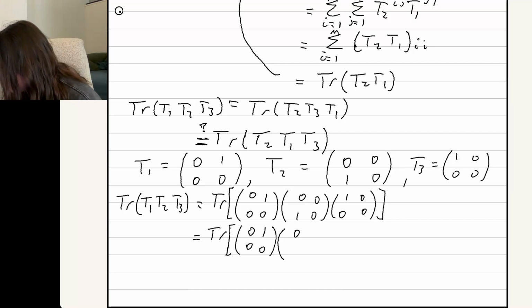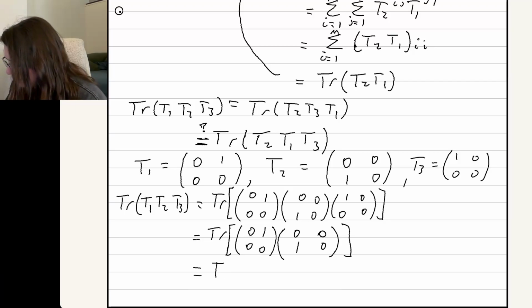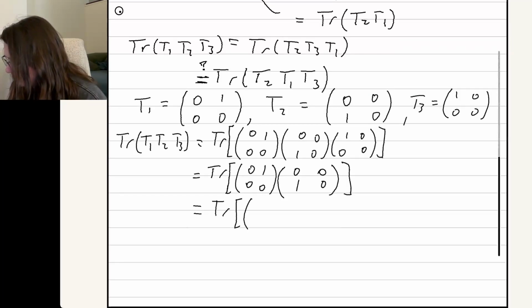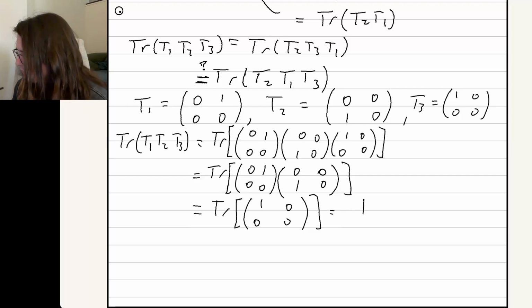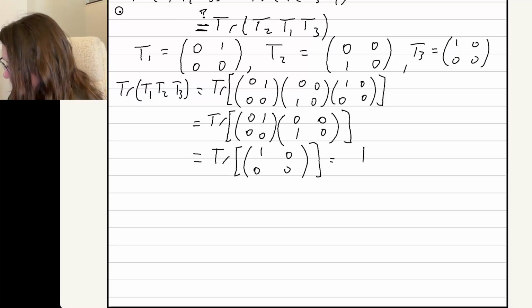Bam, bam, this is 0, bam, 1, 0, and then 0. That's what that matrix looks like. And then multiply those two matrices that are left, and you get 1 here, and then 0, 0, 0. So the trace of that is obviously 1, because you just add up that one diagonal element.